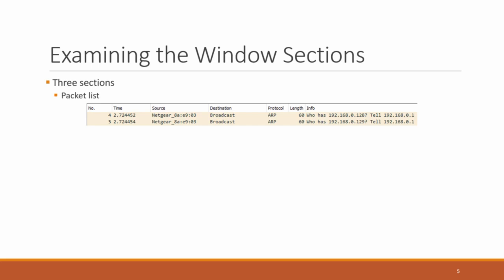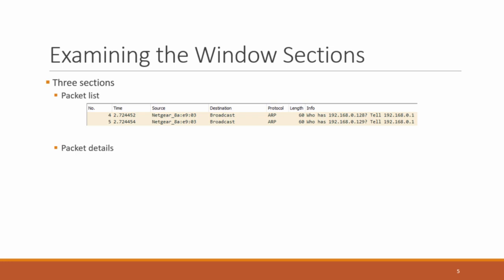In this case we have a Netgear source, and the destination is the network broadcast address. And this is Address Resolution Protocol, which is basically asking who has this address, tell me. We'll look at that in more detail as we learn more about TCP/IP and how to conduct analysis of TCP/IP traffic.